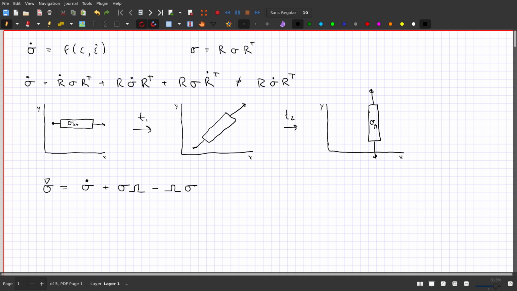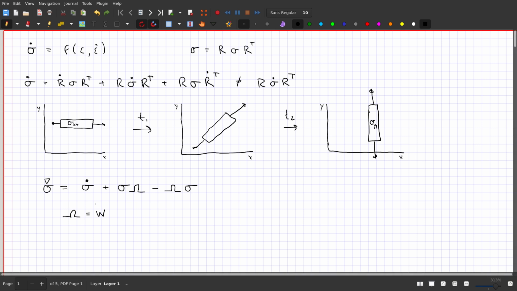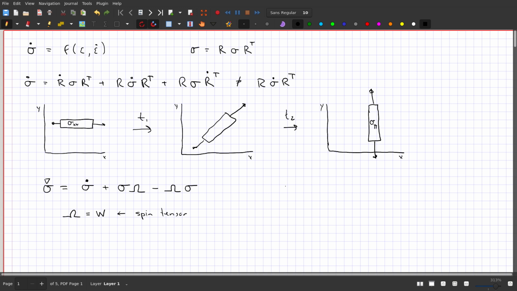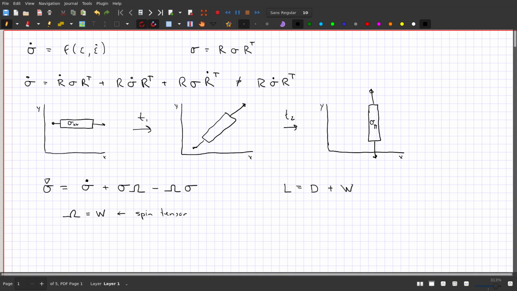Okay? And so if we choose omega to be equal to W, and W is the spin tensor, and we already covered that, but I'll just remind you, if you remember, we had the velocity gradient, and if we take the symmetric part of the velocity gradient, we get the rate of deformation tensor, and the anti-symmetric part of the velocity gradient is the spin, right?